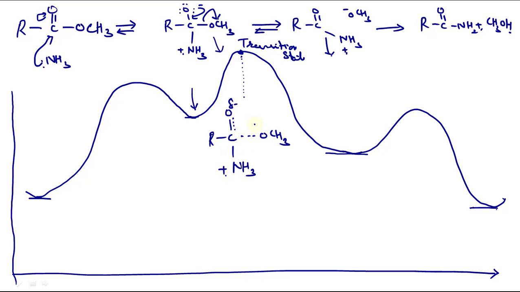And the leaving group departs in a separate step. You can see it is a highly exothermic step, and this transition state is close to reactants. The step in which the OCH3 leaving group departs is highly exothermic. So these are the things that you can see from its energy profile diagram.